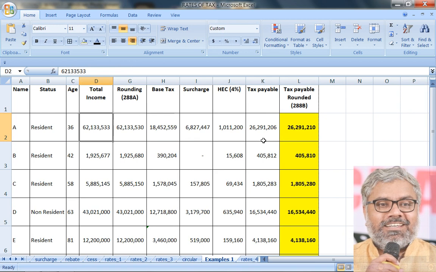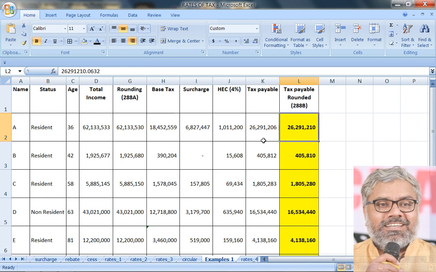Then, is surcharge applicable? Answer is yes. Since the income has crossed 5 crores, how much surcharge is applicable? 37% surcharge is applicable. Then after surcharge, on both base tax plus surcharge, 4% of health and education cess has to be calculated, and then the total tax payable is the sum of all three: base tax plus surcharge plus health and education cess.